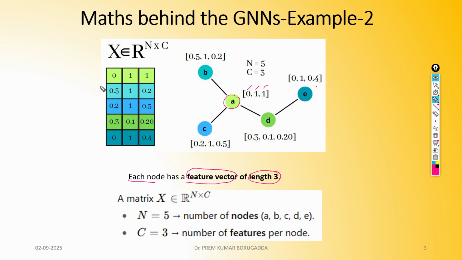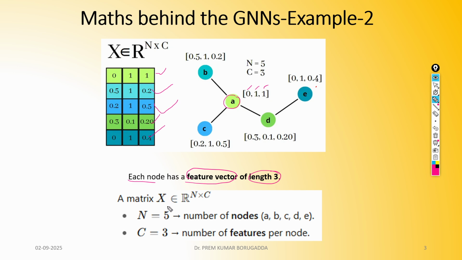This is the feature vector A, and this is the feature vector B, feature vector C, feature vector D, feature vector E. So every node has a feature vector of length 3.